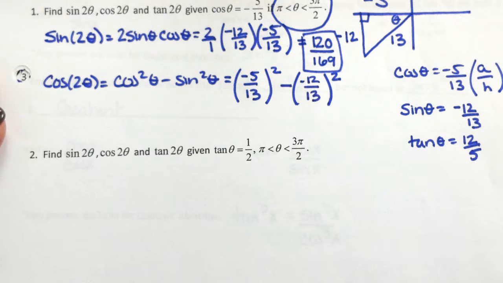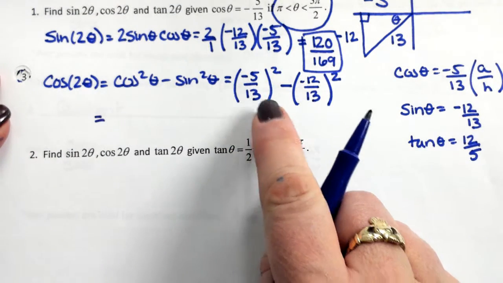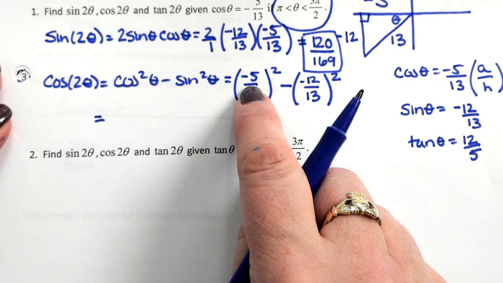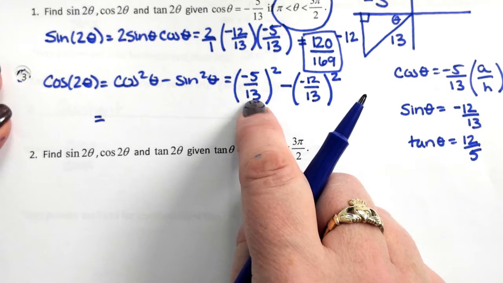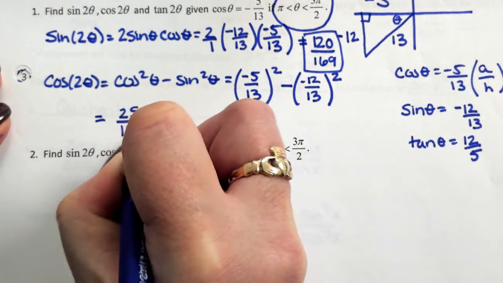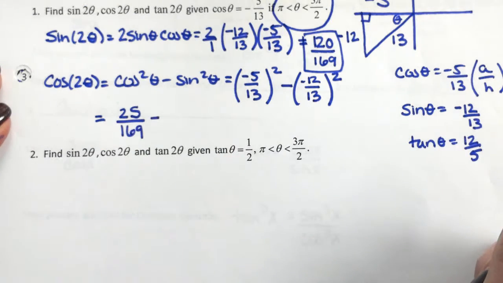So any questions on how I substituted into the cosine double angle? How do you square a fraction? Square the numerator and the denominator. What happens when you square a negative? It becomes a positive. So when I square negative 5 over 13, that's going to become 25 over 169. Minus.